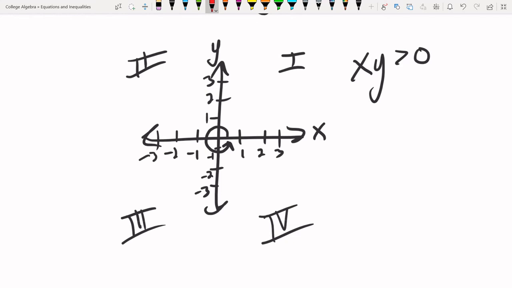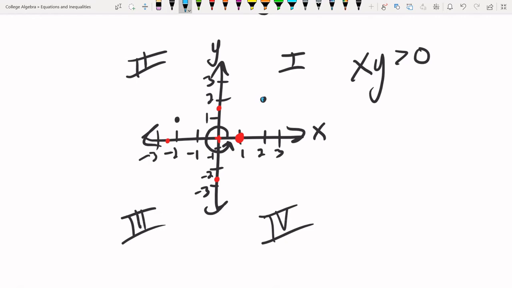For instance, if I chose this point right here, this point has y equal to 0. If you have any points lined up with the center dot, one of the coordinates is going to equal 0. And so x times y is going to be 0, and that's not greater than 0. So we have to choose a point somewhere in there, like this point here, or this point here.